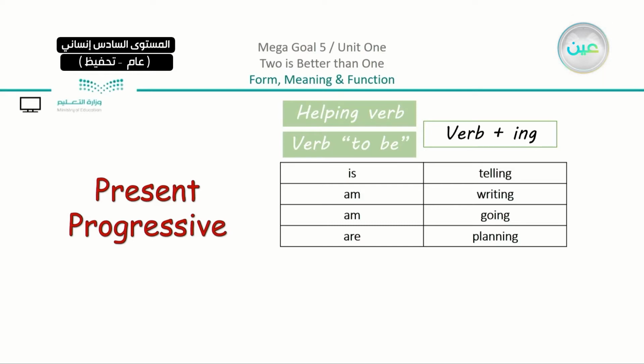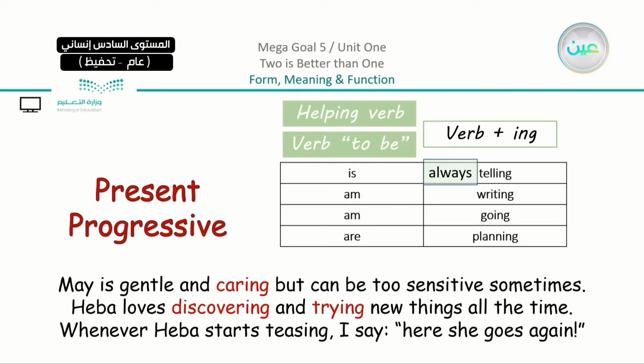And going back to the examples that I gave you, the ones that had the black line. Now we can see the examples here. May is gentle and caring, but can be too sensitive sometimes. Hiba loves discovering and trying new things all the time. Whenever Hiba starts teasing, I say, here she goes again.